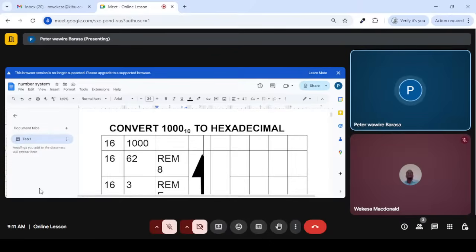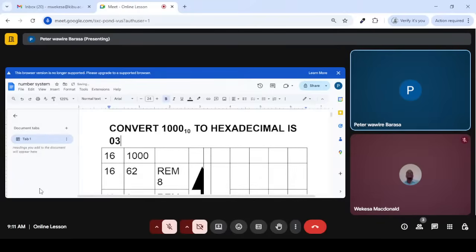So this into hexadecimal is 0, 3, E8, base 16.